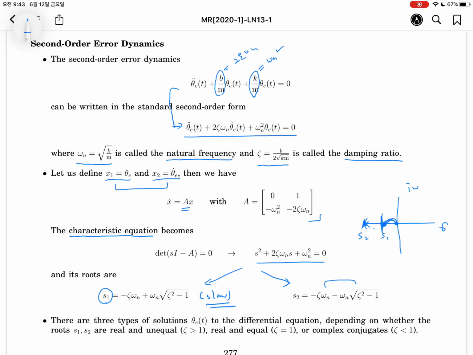Actually, according to the value of zeta, this equation has three types of solution. The first: S1, S2, the roots are real and unequal, in the case of zeta larger than 1. The second: real and equal. And the third: complex conjugate.